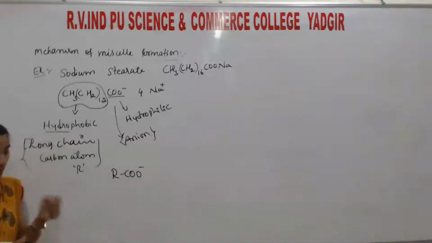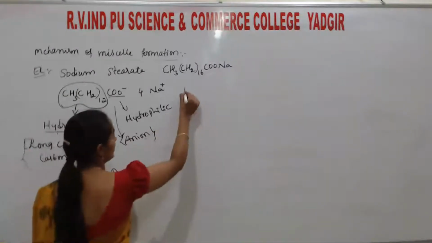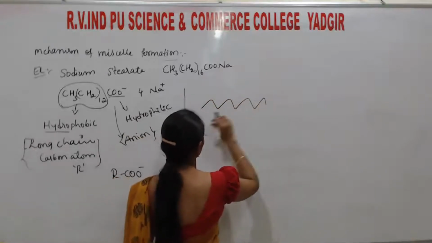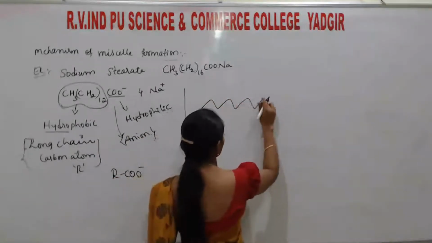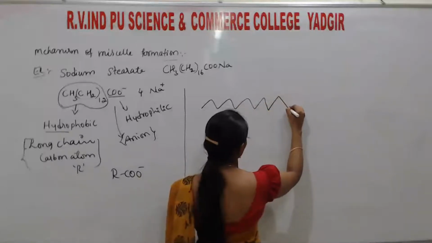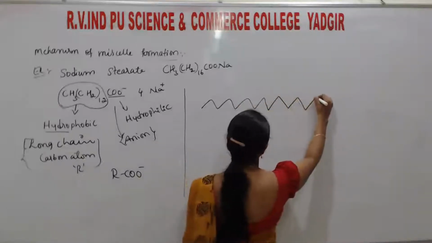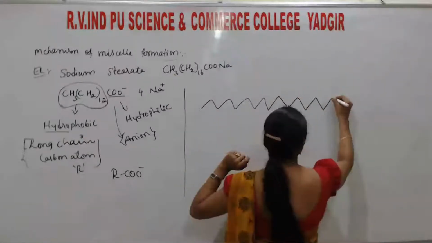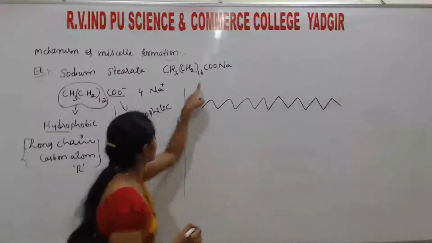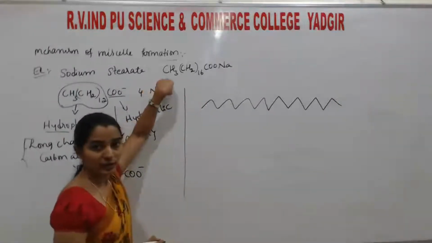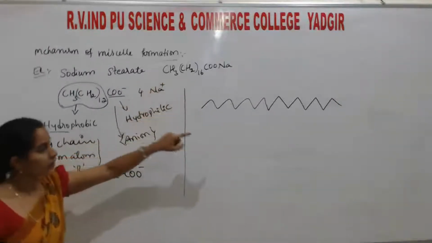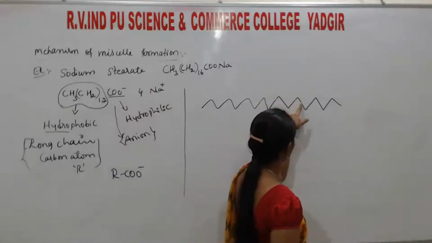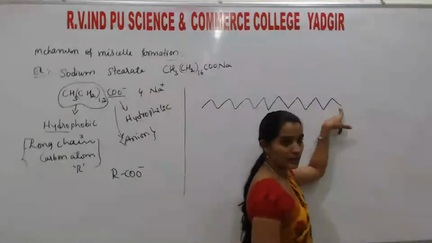Here this is the carbon chain: 1, 2, 3, 4, 5, 6, 7, 8, 9, 10, 11, 12, 13, 14, 15, 16, and another one is 17. So 16 carbon atoms plus 1, that is 17 carbon atoms.